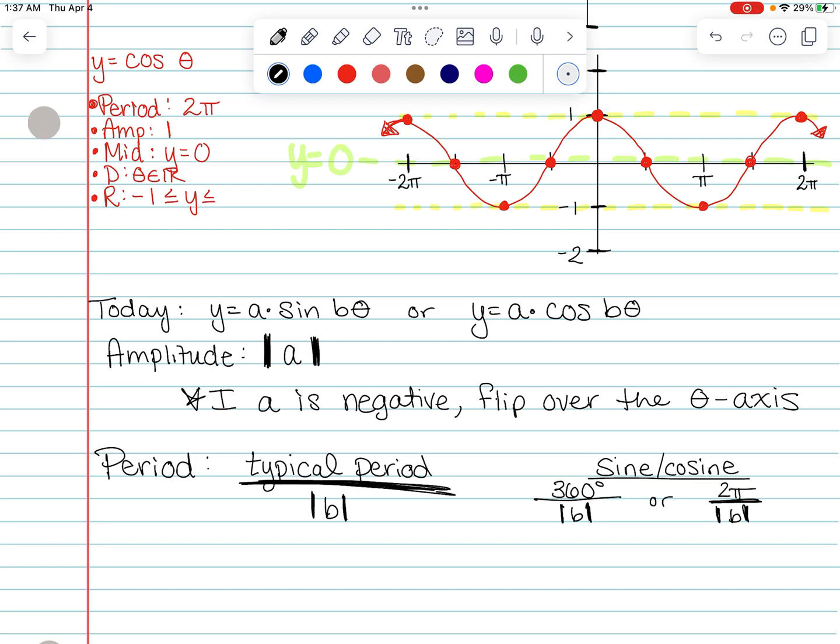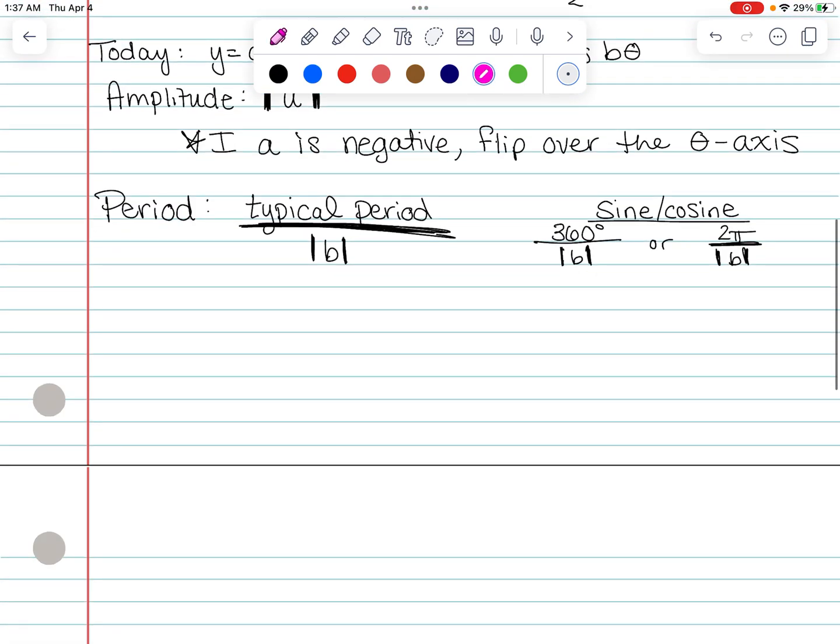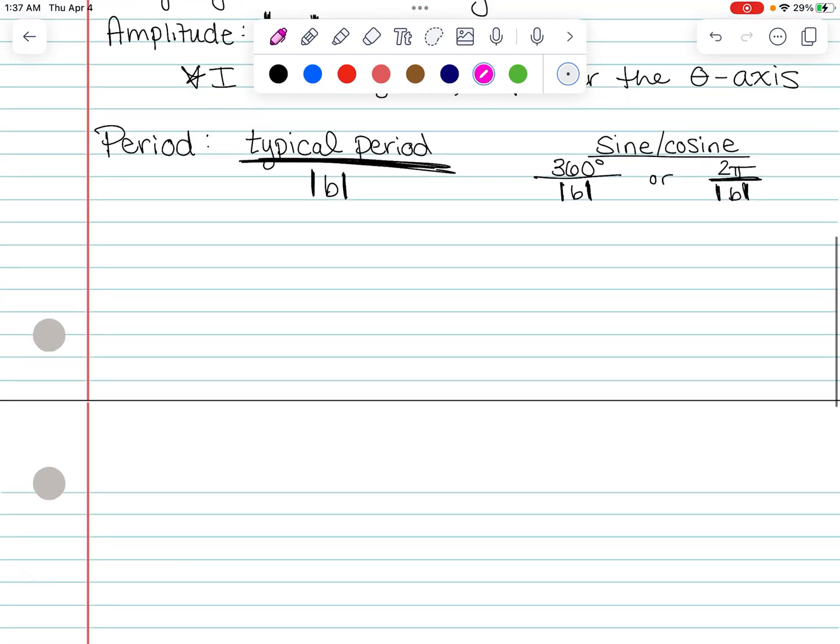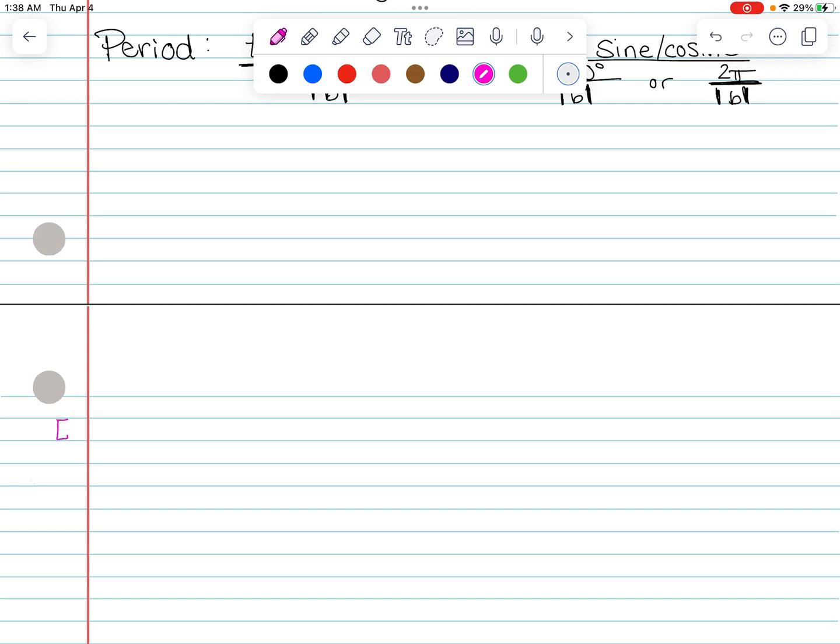So, let's get into ones where we're actually graphing and talk about the process. We're going to graph the following.